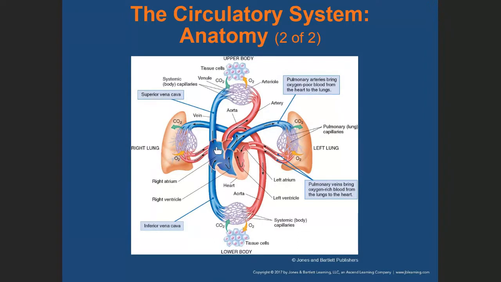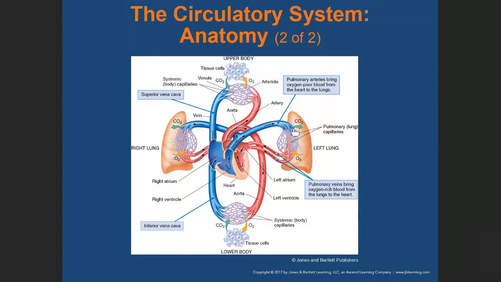The right atrium contracts and pushes that deoxygenated blood through the tricuspid valve into the right ventricle. The right ventricle then contracts and pumps that deoxygenated blood through the pulmonic valve into the pulmonary arteries, which is going to the left and right lung.